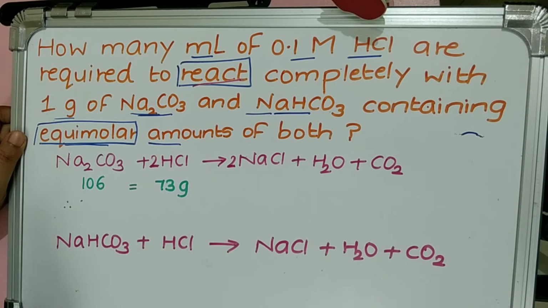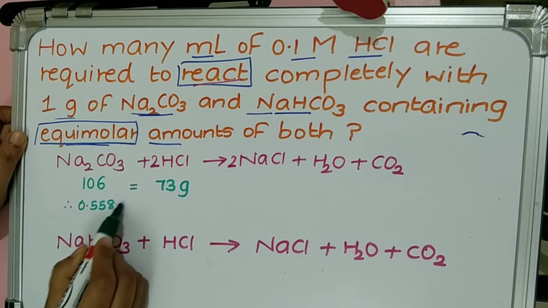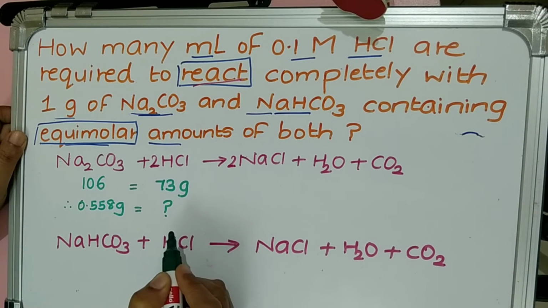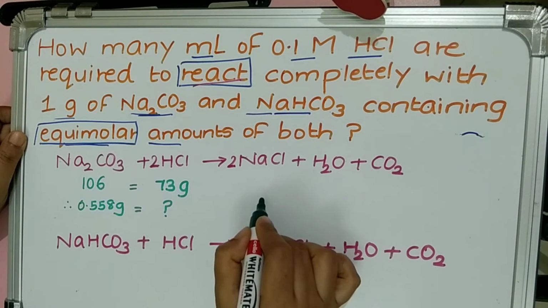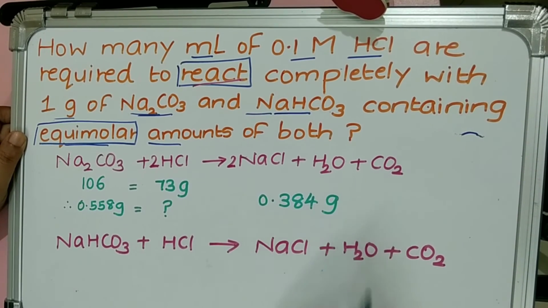Therefore, what was the mass you got previously? X value, 0.558. 0.558 grams of Na2CO3 will require how many grams of HCl? So you get it as 0.384 grams of HCl.